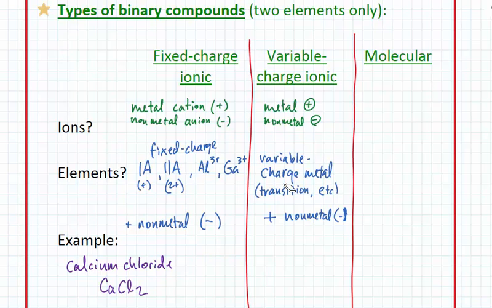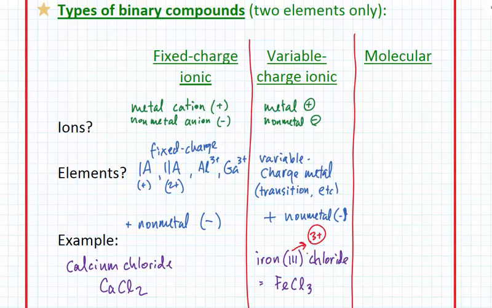Versus a variable charge metal. Okay? And the difference in the example would be something like iron 3 chloride. We need that Roman numeral to indicate that we have a 3+ charge on the metal.